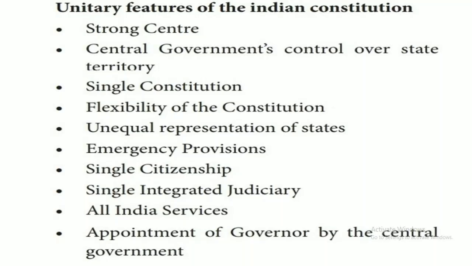There will be a single citizenship, rather than the federal government, which will have dual citizenship. So in all cases, the unitary is good rather than the federal government. Not only that, all India services come under these unitary features of the Indian Constitution. The appointment of the governor will be by the central government.